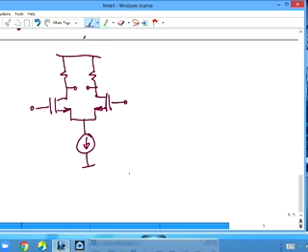You've got two inputs, two outputs, and these two inputs have a bias, a DC operating point. Presumably they have the same DC operating point, and that is the common mode input voltage.